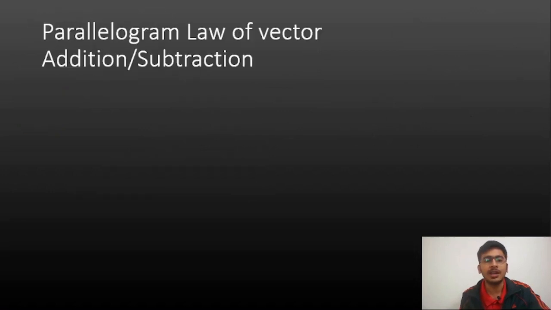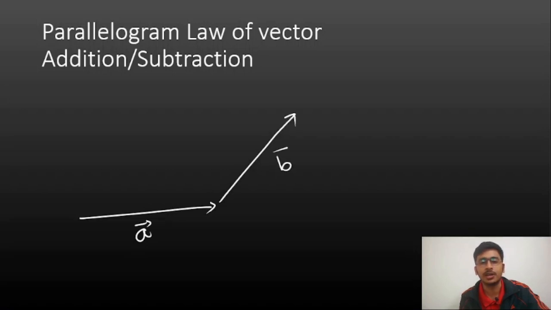So what the parallelogram law of vector addition says is that if I have a parallelogram whose base vector is, let's say, A vector, and let's say this vector is B vector, so it naturally means if this vector is B vector, then this vector is also B vector.